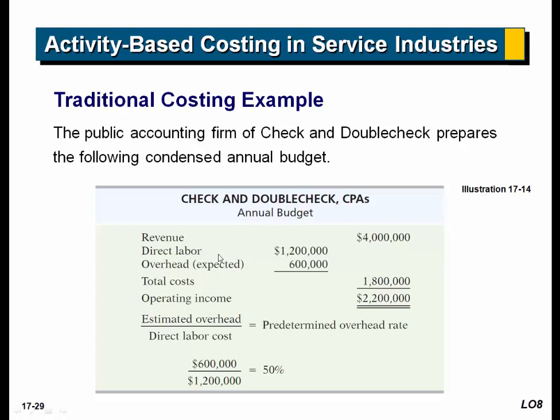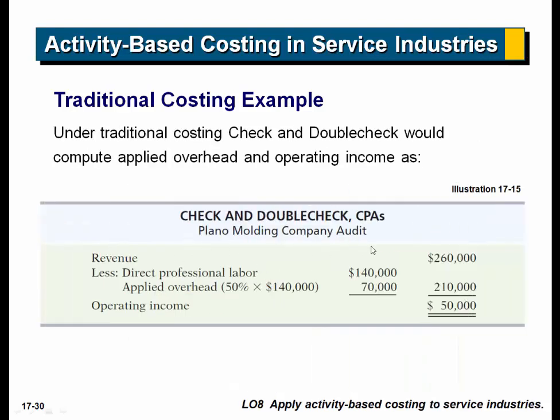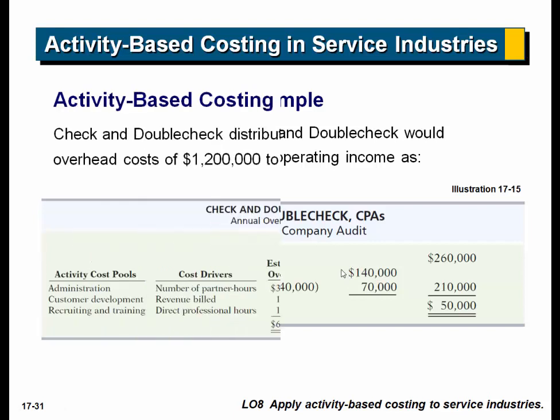This is a CPA firm, and it says, okay, our predetermined overhead rate is the estimated overhead divided by the direct labor cost. So we're just coming up with a percent. It's 50%. And then we're going to allocate to individual jobs based off of that 50%. So we had $140,000 worth of direct labor, so we're going to have $70,000 worth of overhead applied to this particular job.